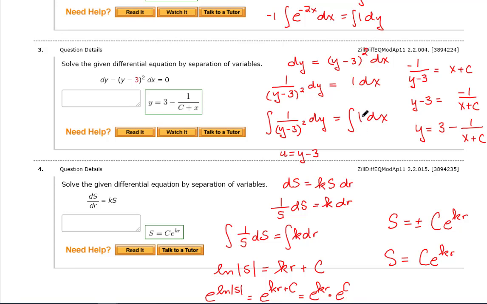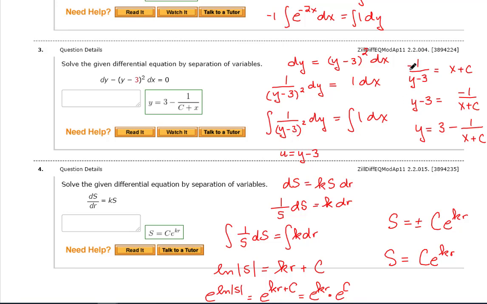The integral of 1 dx, that's pretty easy. That's x plus c. What about this stuff with y? Well, if you let u equal y minus 3, then you're integrating 1 over u squared. But 1 over u squared is the same as u to the minus 2, making it easy to integrate.